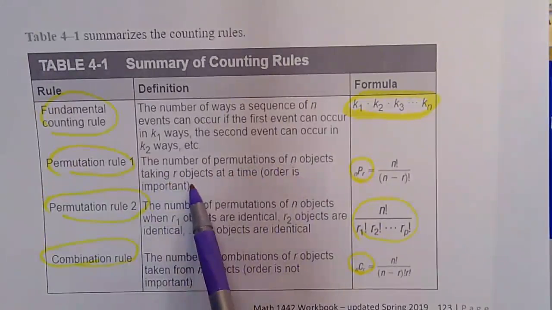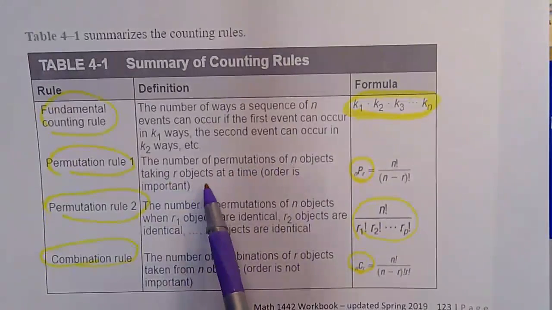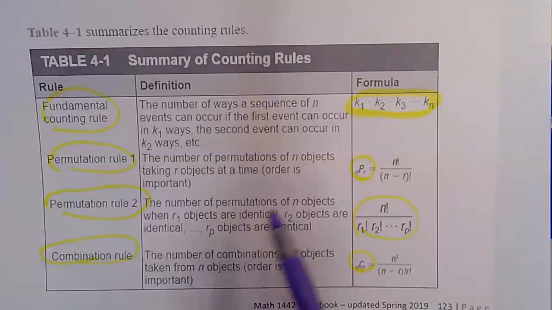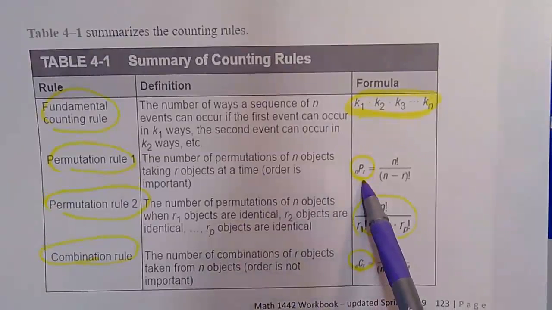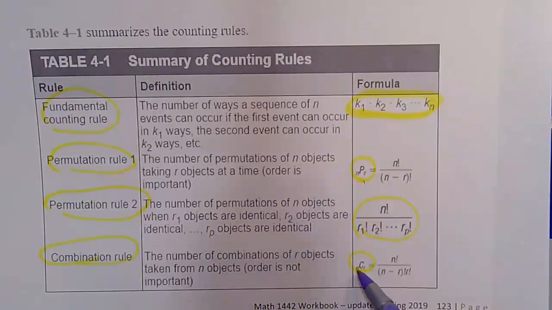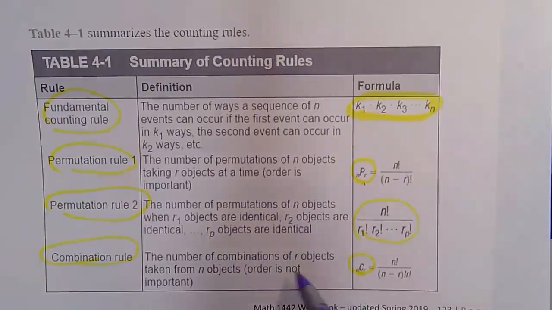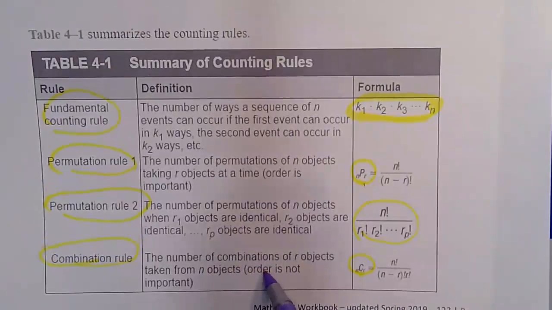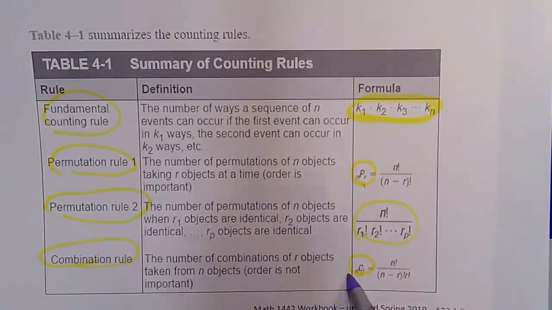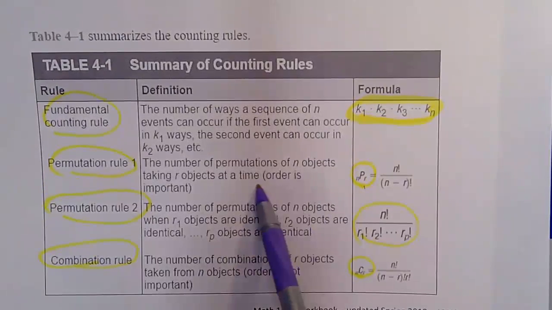Order is important. Okay. So we have permutation rule number 1, and we have the combination rule. And in the combination rule, order is not important, whereas for permutation it is.